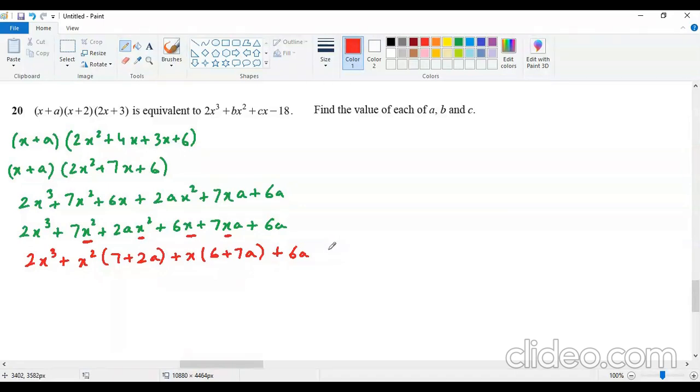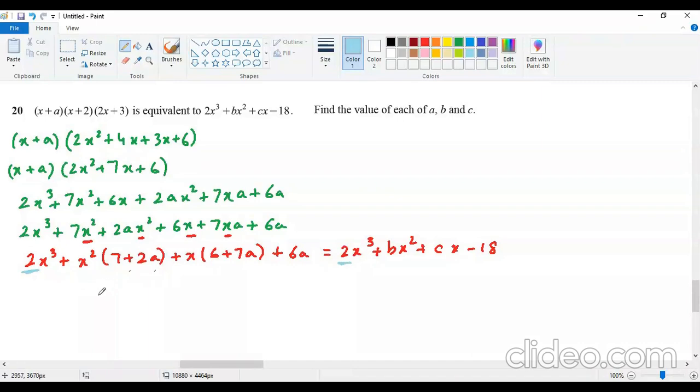Now on the other hand, what we have is 2x cube plus bx square plus cx minus 18. Now for the coefficients, for the x cube, both are 2. I will highlight this one. This one is 2, and on this side also 2.